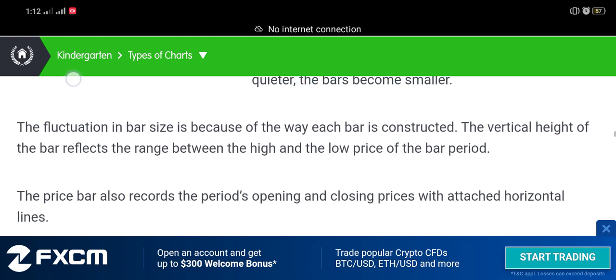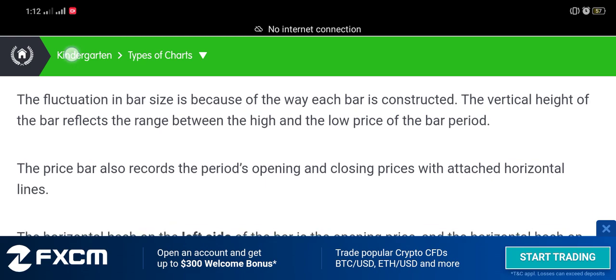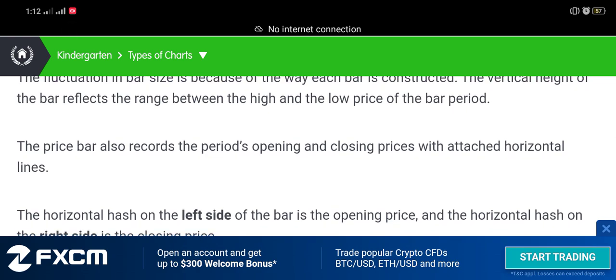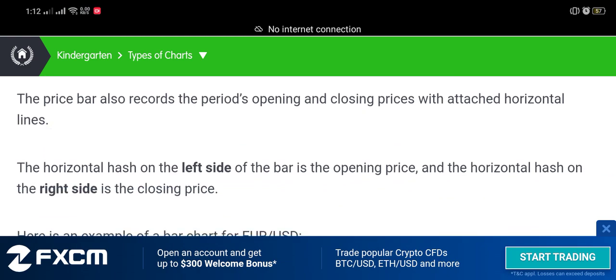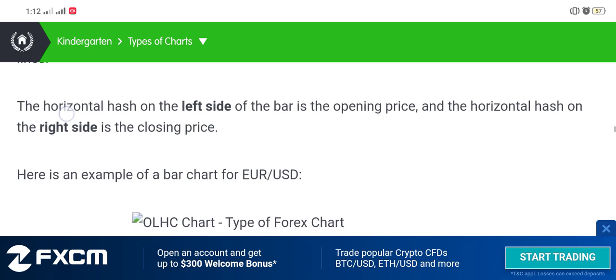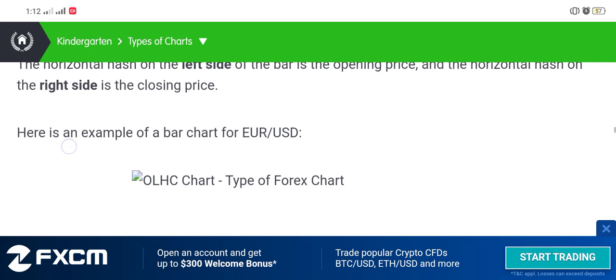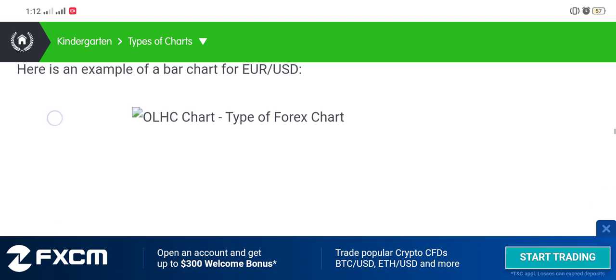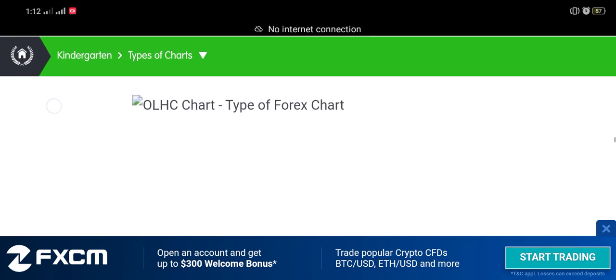The size of the bar is determined by the way each bar is constructed. They also record the open and close with horizontal hash marks: one on the left side for the open, and one on the right side for the close. Here is an example of a bar or OHLC chart.